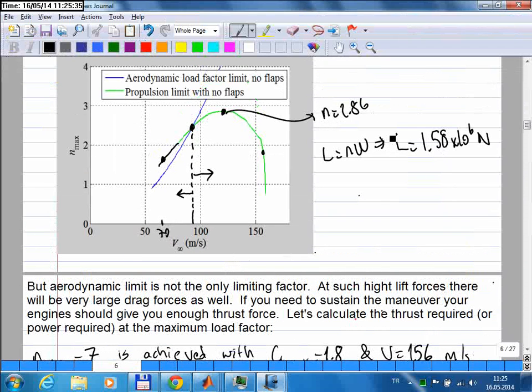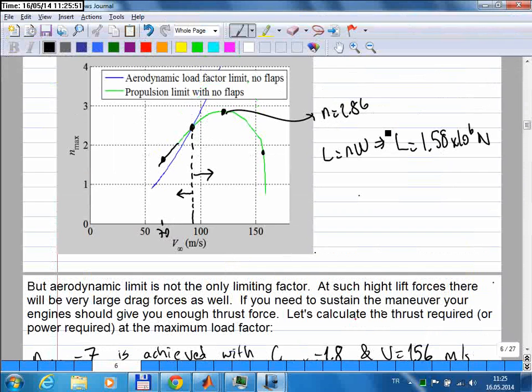Okay, but if the wings are not that strong, then you shouldn't perform that maneuver either. Even if your aerodynamics are good and the propulsion systems are strong enough, if the wings are not, then you shouldn't really attempt that maneuver.